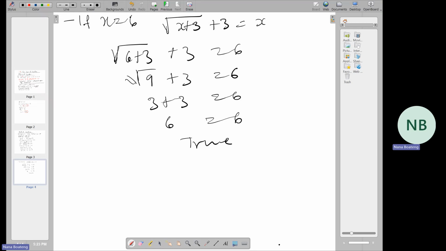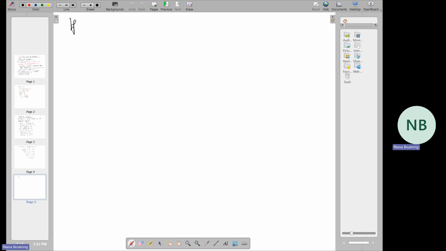Okay, let's test the other solution, x is equal to 1. Let's substitute it into the original equation again: square root of x plus 3 plus 3 is equal to x. Let's substitute 1 in place of x and see what we get.